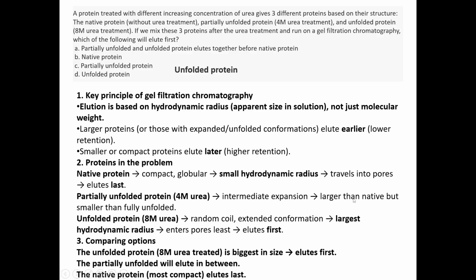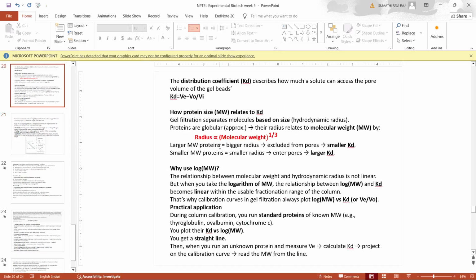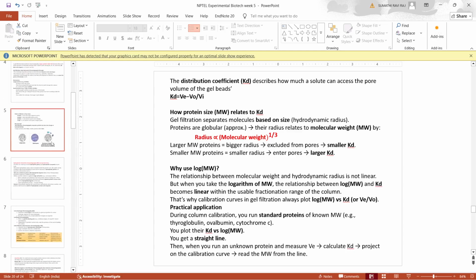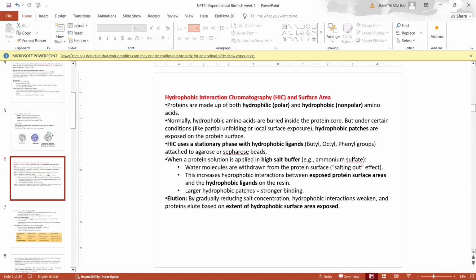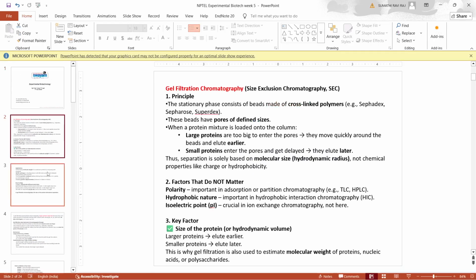Okay, so I hope it is clear. I know it is a little bit confusing, but just remember the key points here. If you can remember these key points perfectly, and the concept of which molecules can enter the pores and which cannot, and what happens if it cannot enter the pore, it will be a little bit easier.